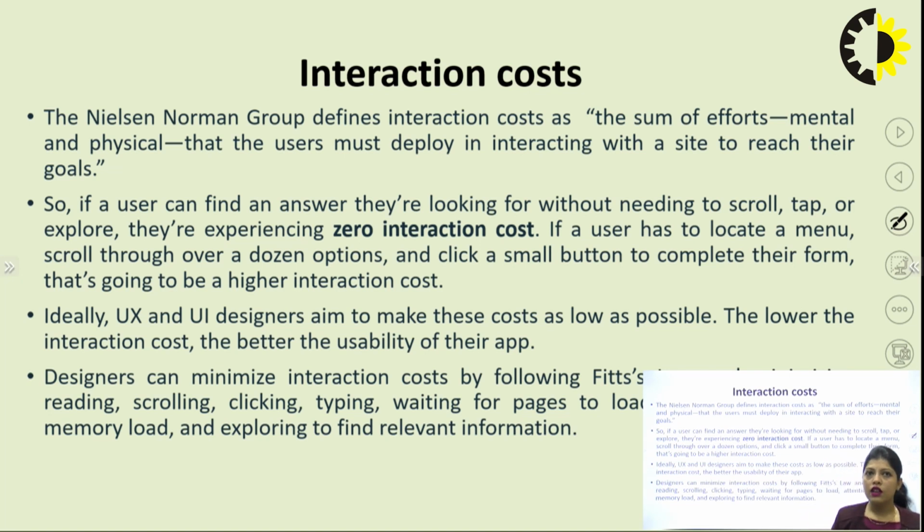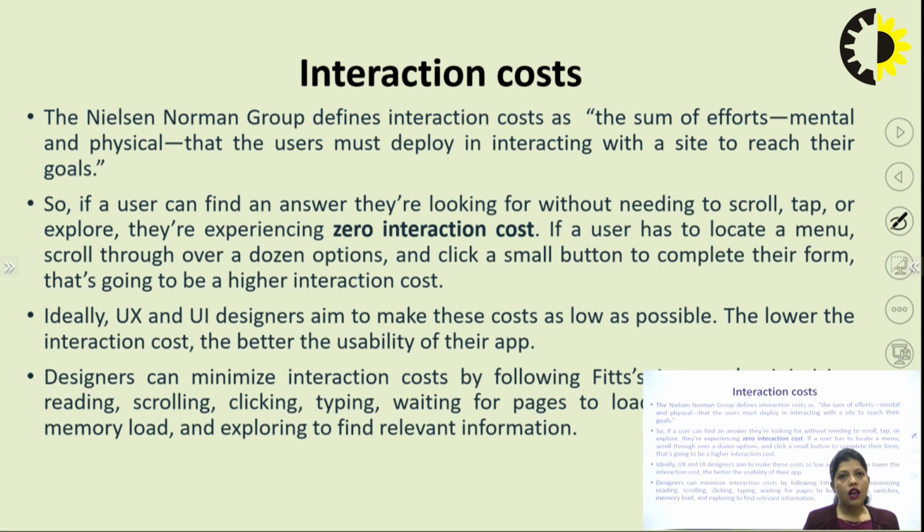But if a user has to locate a menu, has to find some location, has to find some icons, and scrolls through over a dozen options, meaning the user needs to scroll the page vertically and horizontally, and click a small button to complete their form, that's going to be a higher interaction cost.